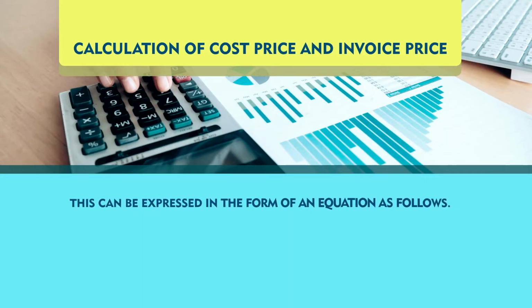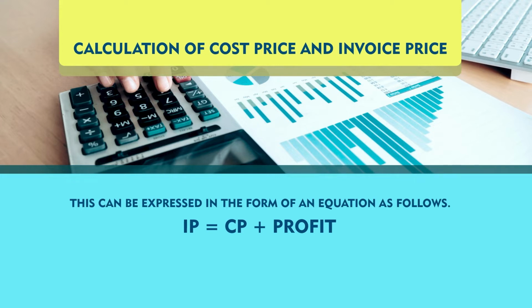Dear learners, the relationship between the invoice price, the cost price and the profit can be expressed in the form of an equation: IP, which stands for invoice price, is equal to CP, cost price, plus profit.